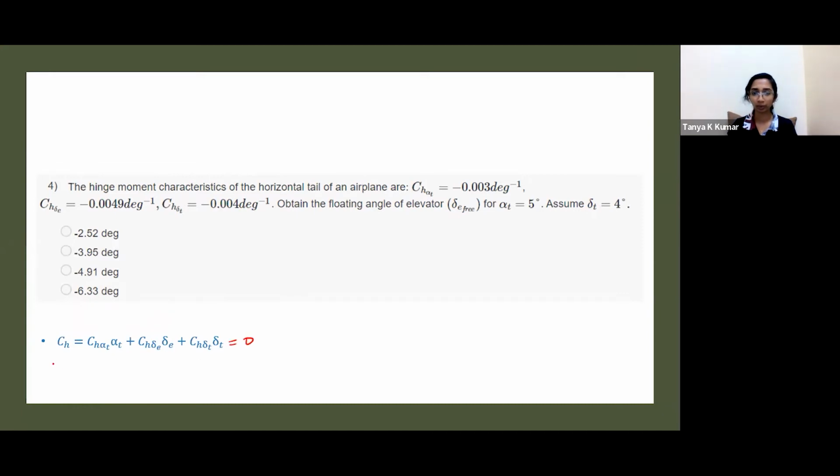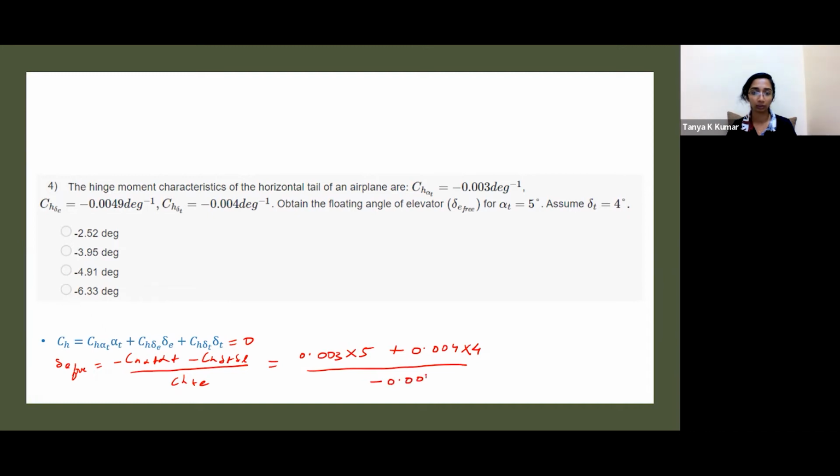Delta E free is minus CH alpha tail into alpha tail minus CH delta tail into delta tail, by CH delta E. Now CH alpha tail is 0.003, alpha tail is 5, plus 0.004 into delta tail, which is 4, divided by minus 0.0049.